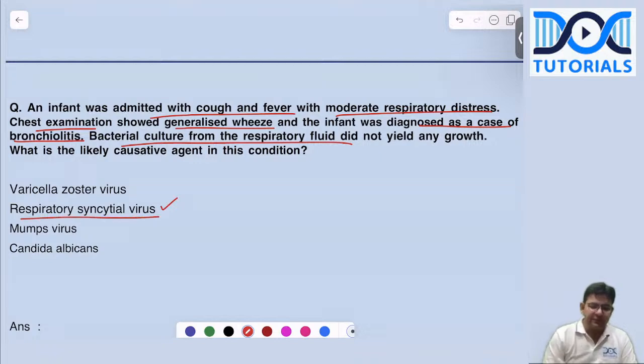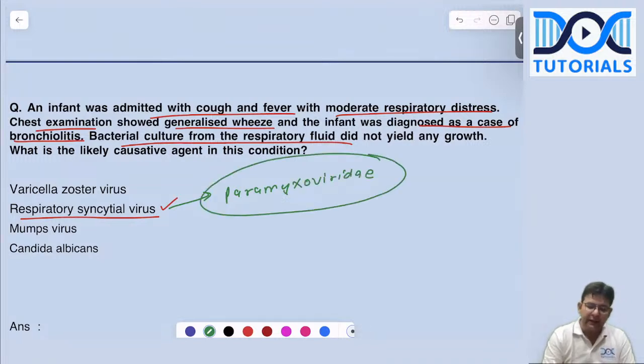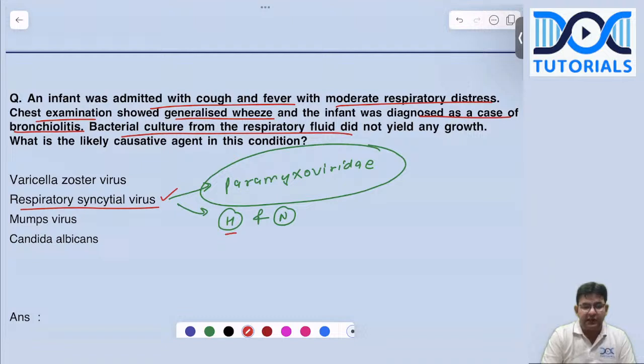So RSV. First of all, they can ask you what is the family of the RSV? The family of the RSV is Paramyxoviridae. Okay, it belongs to Paramyxoviridae, and the answer is B, as you are told. Very good. The question which can be asked: does it have H and N? What is H and N, guys? H is hemagglutinin, N is neuraminidase.